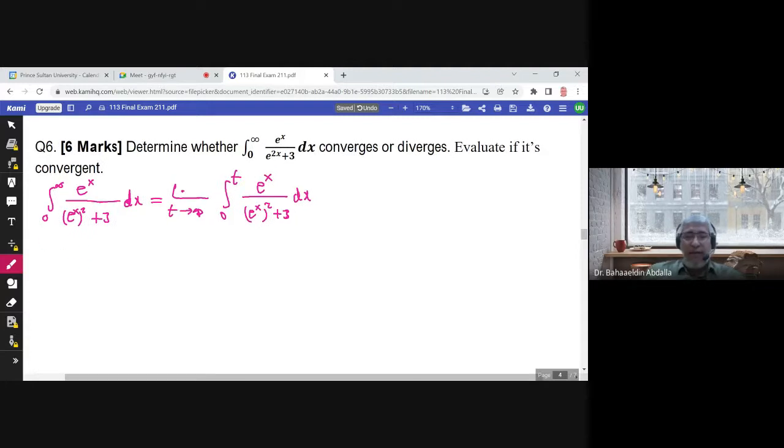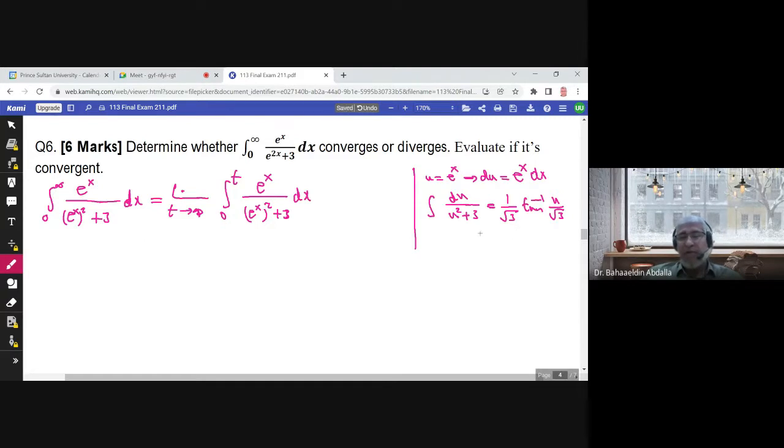To find this integral, let me try to find it here. If I take u as e to the x, then du would be e to the x dx. And then I'll have the integral of e to the x dx, which is du, over e to the x squared, that's u squared plus 3. And this integral is 1 over square root of 3 tan inverse of u over square root of 3 plus c.